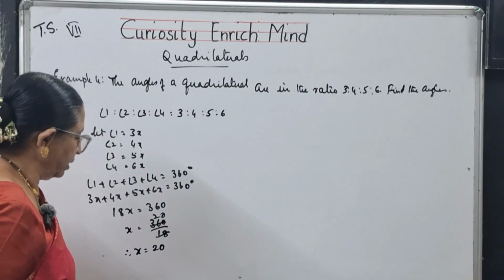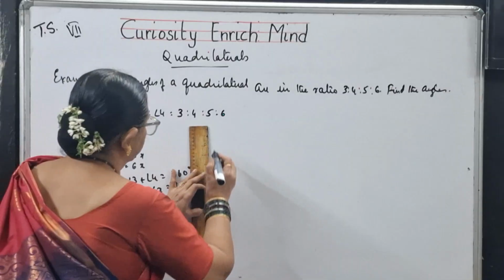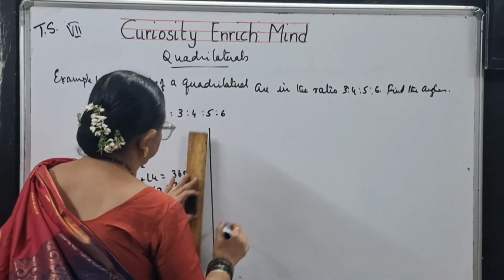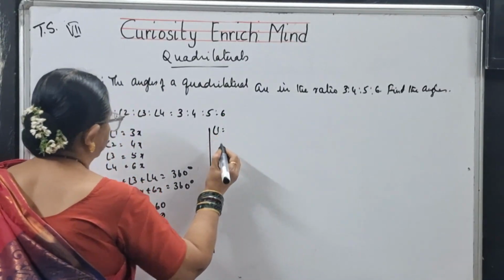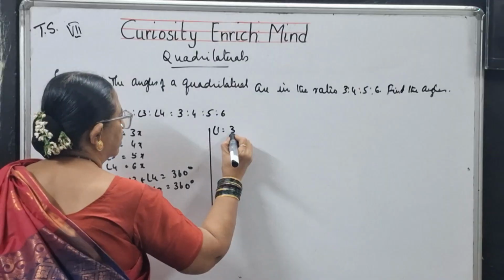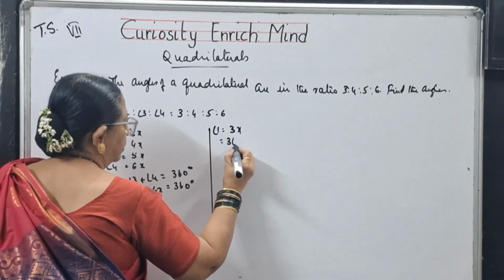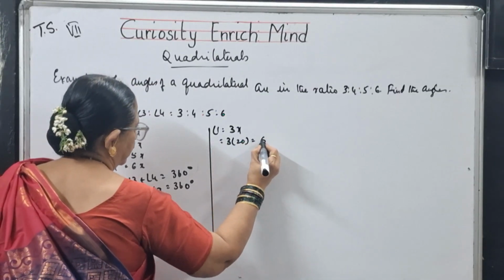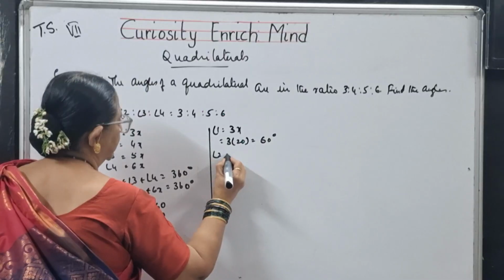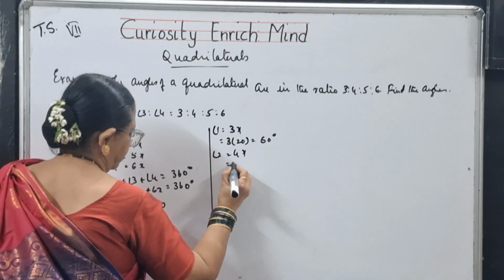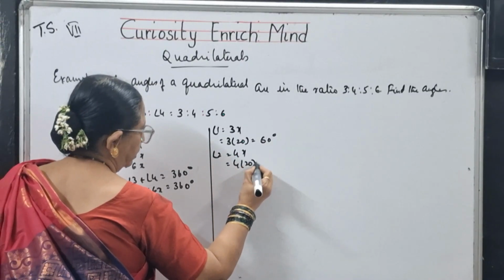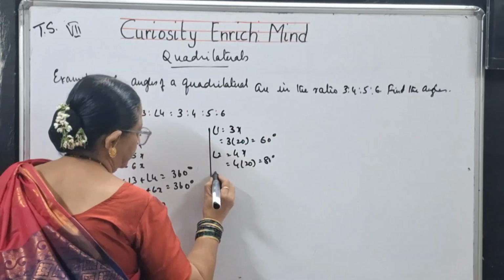Since we got x is equal to 20, what is angle 1? Angle 1 is equal to 3x. 3 into 20, 60 degrees. Angle 2 is 4x. 4 into 20, 80 degrees.